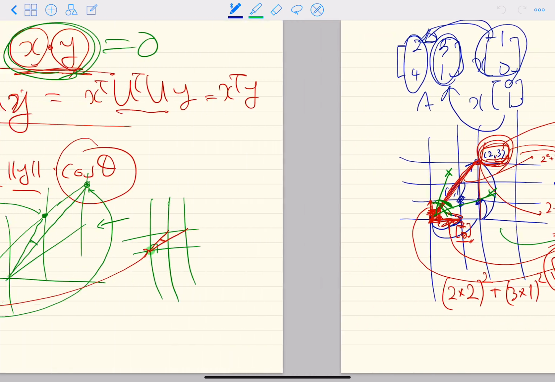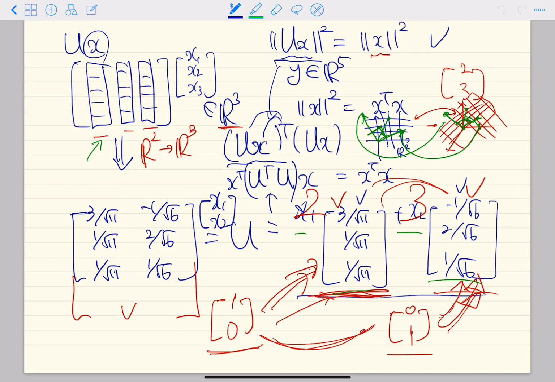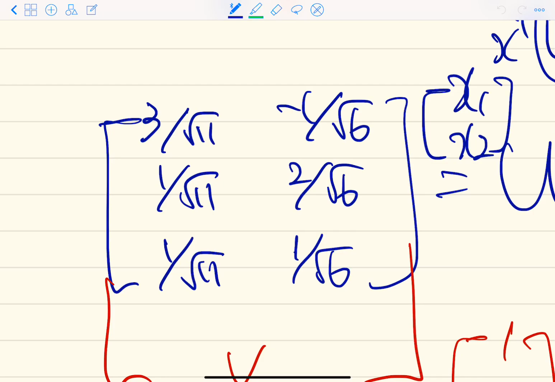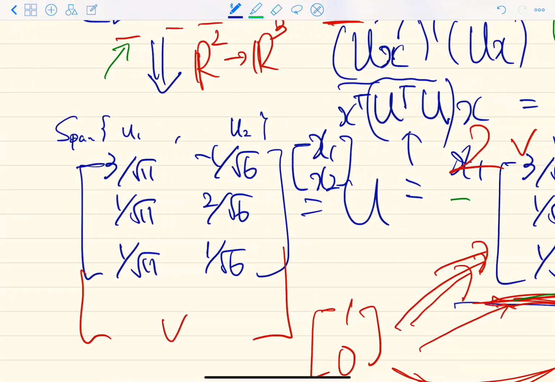So let's see. For example, in this matrix U, let's consider U1 and U2, and consider the span of U1, U2. Let's consider some arbitrary vector y.